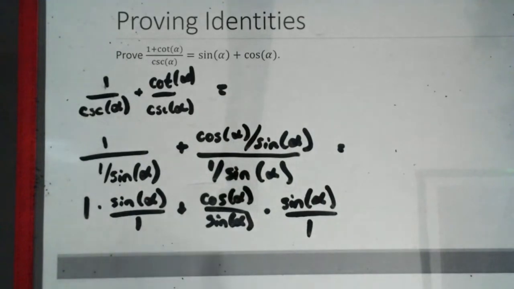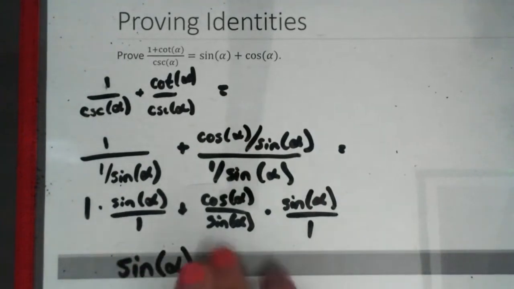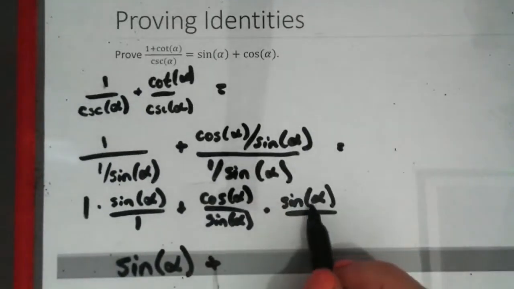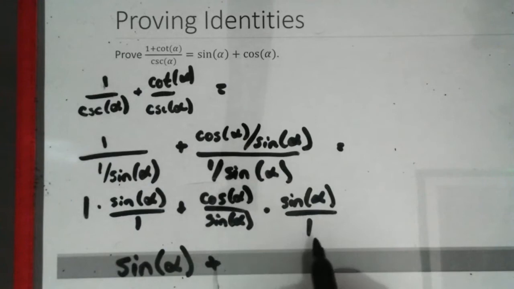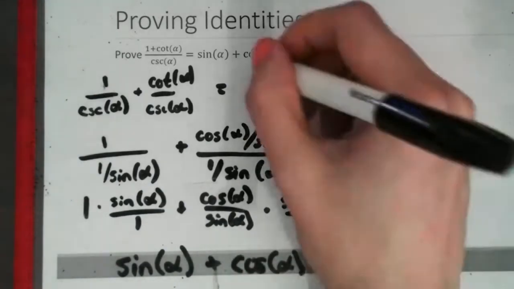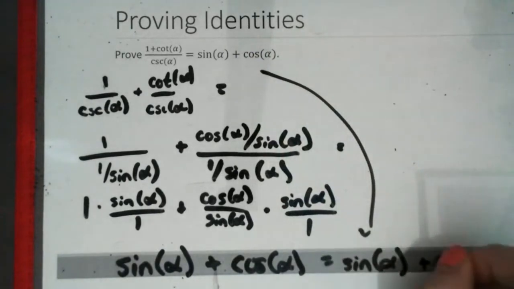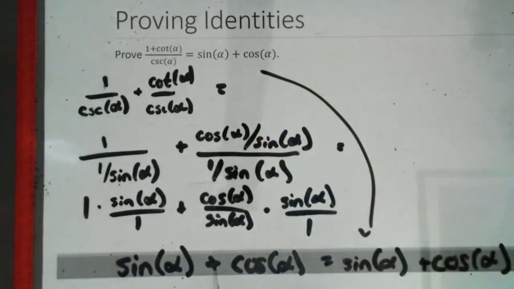Over here, I have 1 times the sine of alpha. That's just the sine of alpha. Plus, and then I have a sine in numerator and denominator. Those cancel. I'm left with cosine over 1, which is cosine of alpha. And you'll notice that equals the sine of alpha plus the cosine of alpha that they wanted us to have it be equal to. So what we're doing with these is playing around with them until we can show that one side is equal to the other.